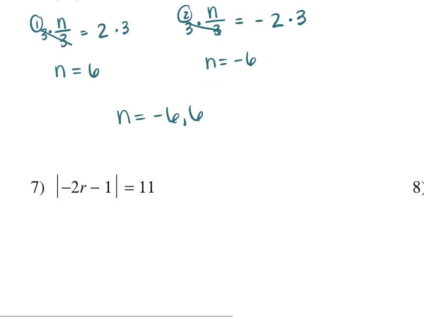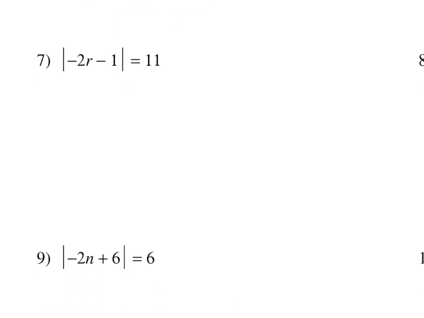All right, one last example. So let's look at number 7. So we have the absolute value of negative 2r minus 1 equals 11. Same thing: negative 2r minus 1 equals positive 11. And the second example, negative 2r minus 1 equals negative 11.